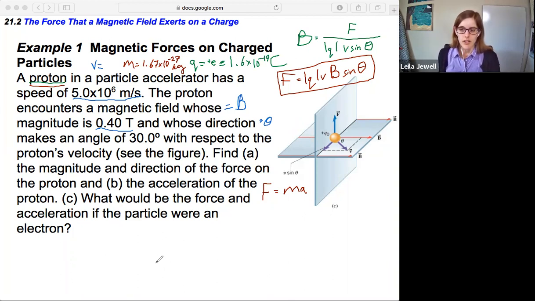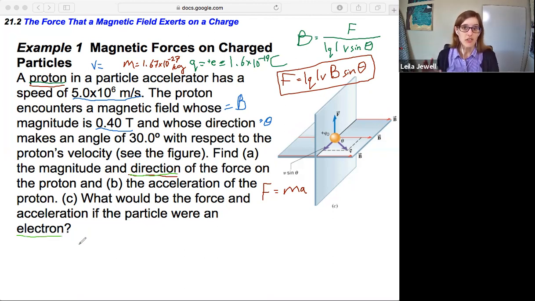All right. And then what would change if it was an electron? It's an electron. We expect that the magnitude of the force would be the same, but the direction is going to be very different. Right? For when we have an electron, how will the direction change?